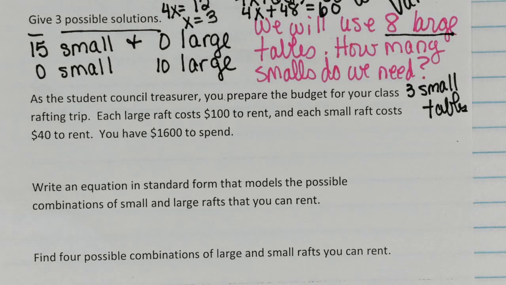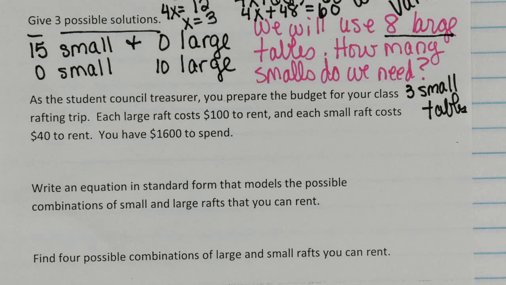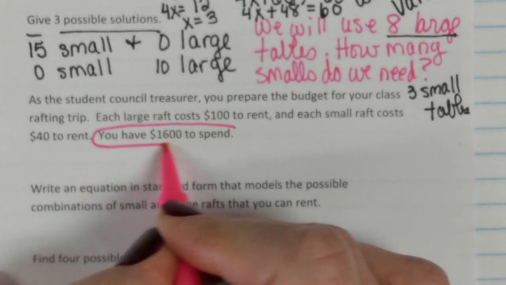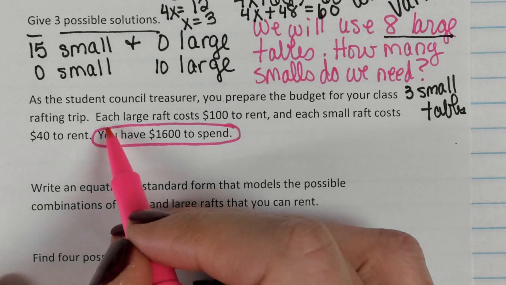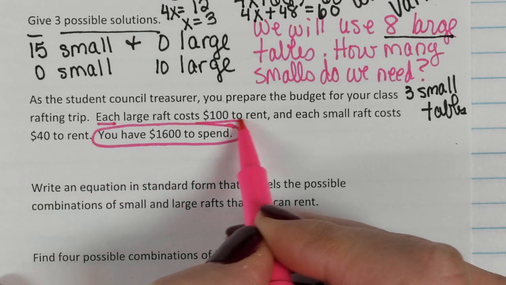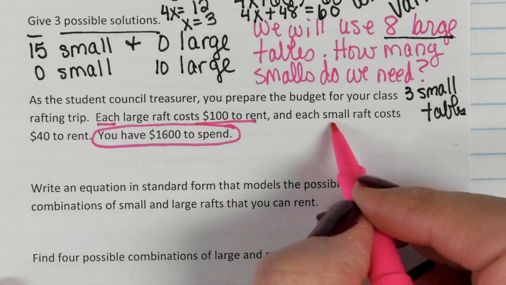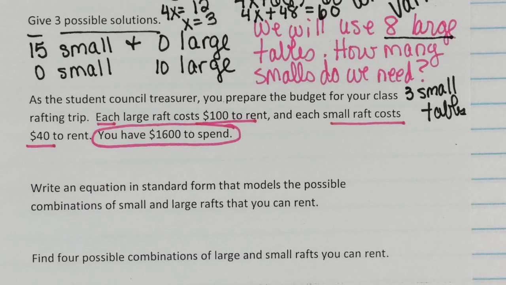Read it to yourself, please. Okay, so let's see. First of all, remember, we want to look for a total. So I see a total right here. We have $1,600 to spend. It says each large raft costs $100. Each small raft costs $40. So there's our numbers to multiply.